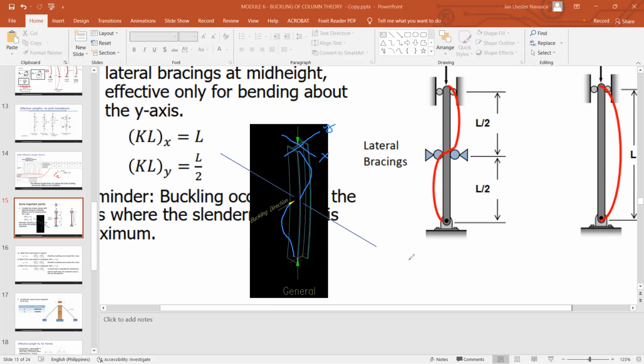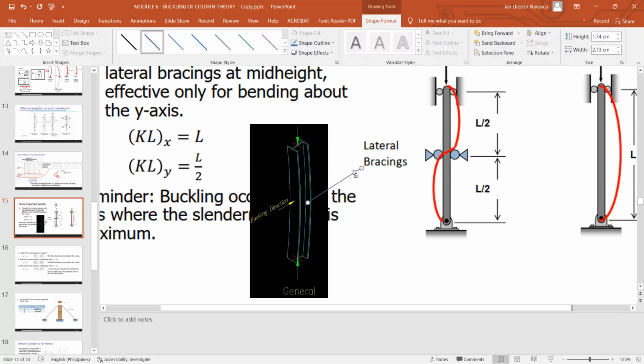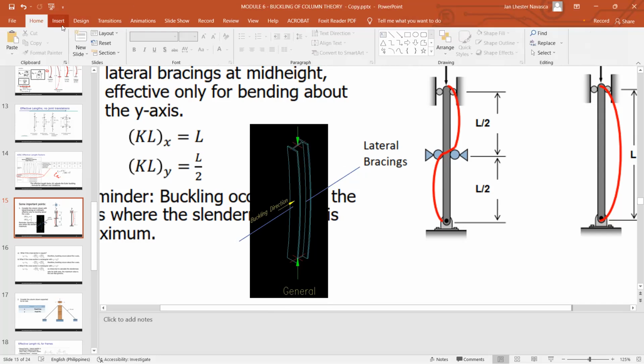However, if you added a lateral bracing at this location, at mid-height for the x-axis bending, at the middle of the flanges, then the bending in the x-axis will be this curve, then this curve.